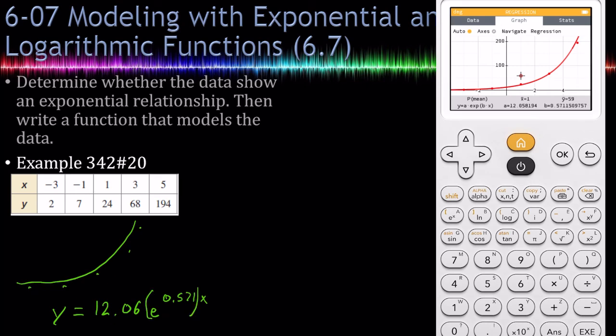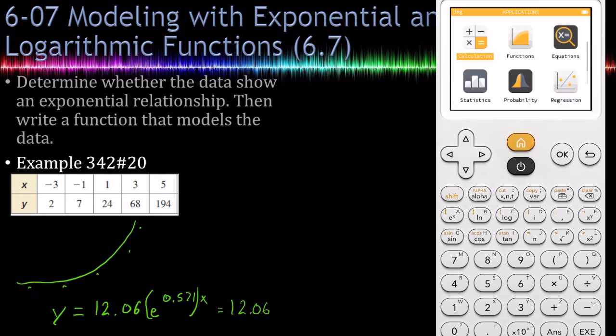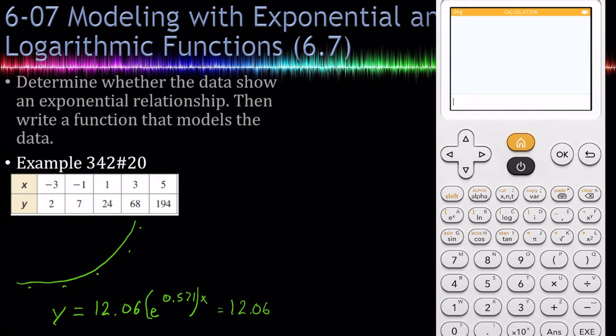What you can do is you can just evaluate that to make it 12.06. If I go and evaluate e raised to the 0.571, see that it's about 1.77 raised to the x. So evaluated that, became that. This is the answer you'll see in the book.